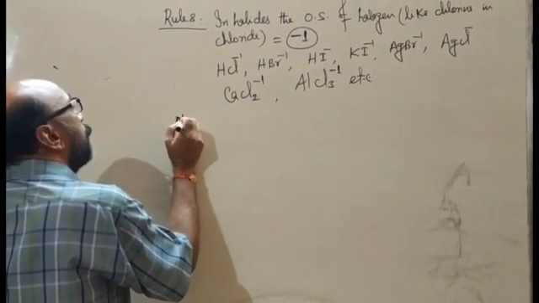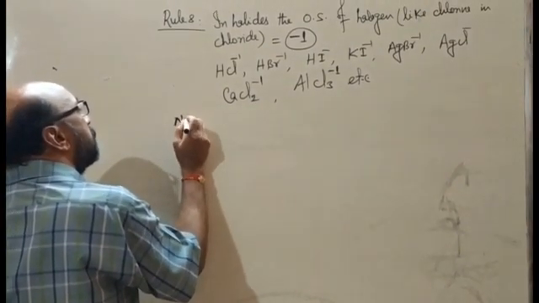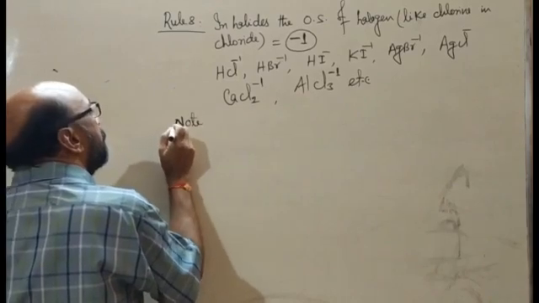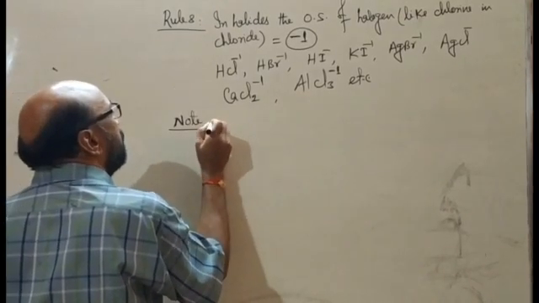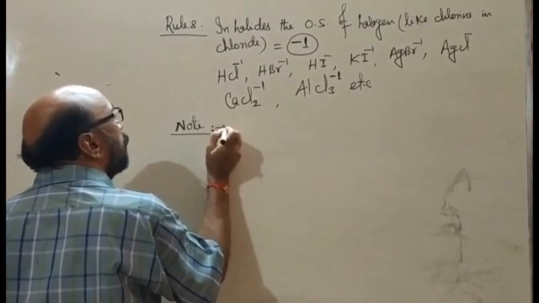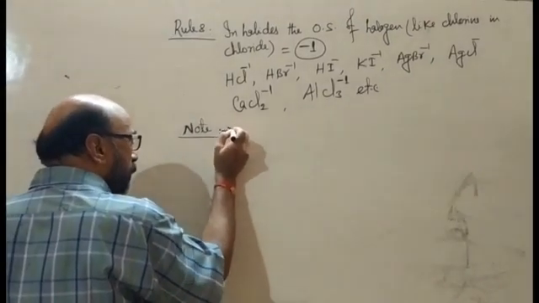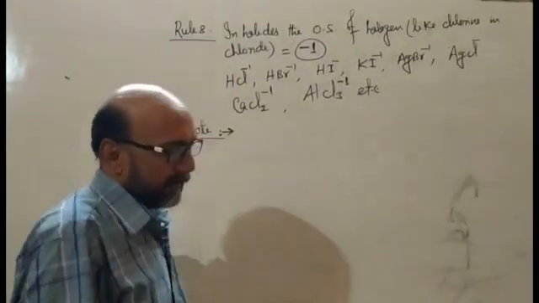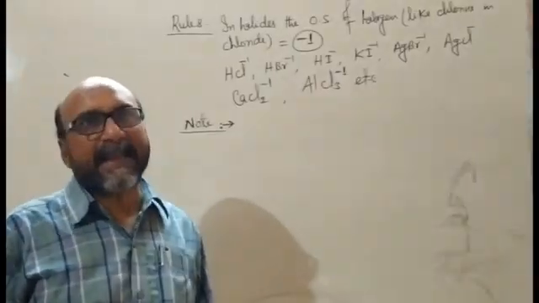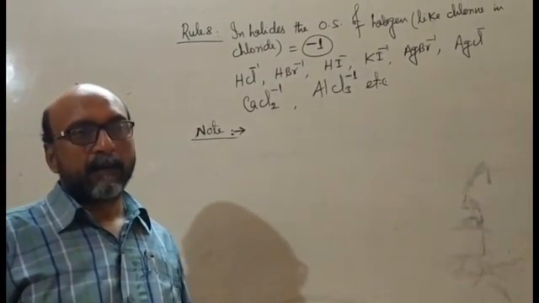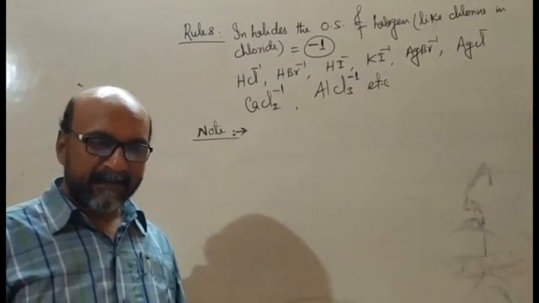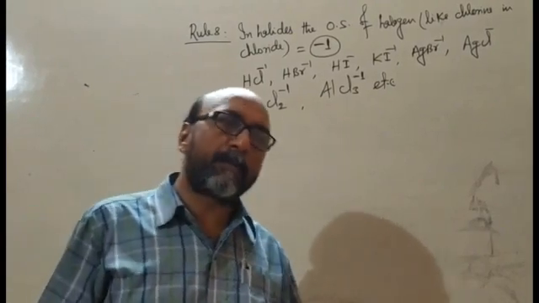Except fluorine, which is the first member of the halogen family, the oxidation state of all halogens may change by changing their types of compound.